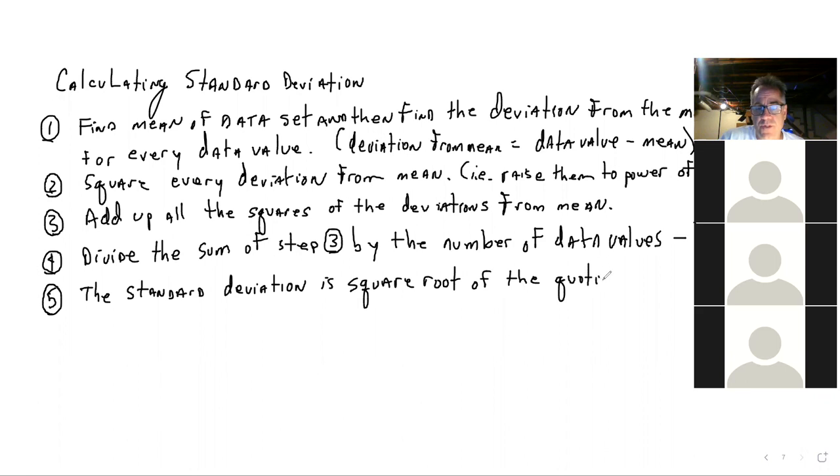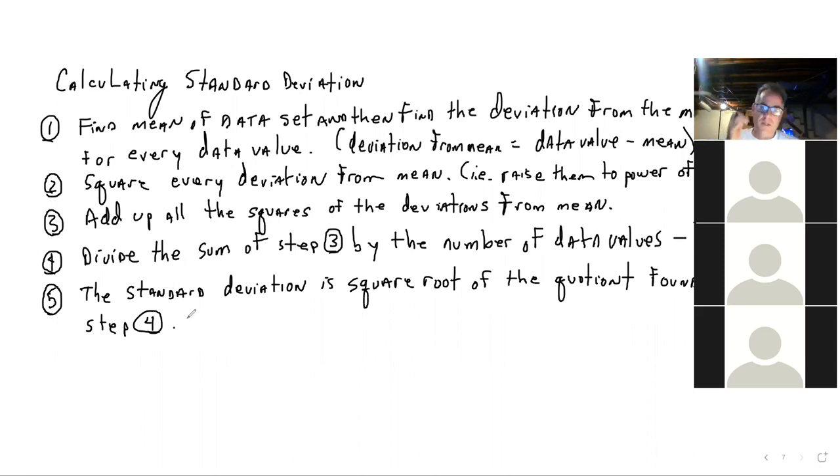It's the result of the division where I divided the sum of the squares of the deviations from the mean by the number of data values minus 1, and then take that number from step 4 and take its square root.